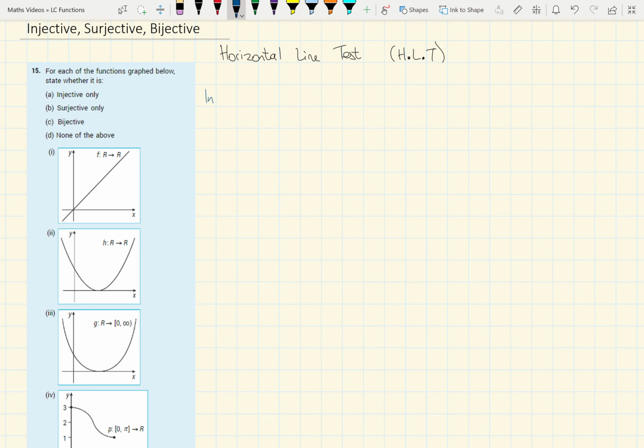So if we have an injective function, then our HLT will cross exactly once. If we're dealing with a surjective function, our HLT crosses at least once.